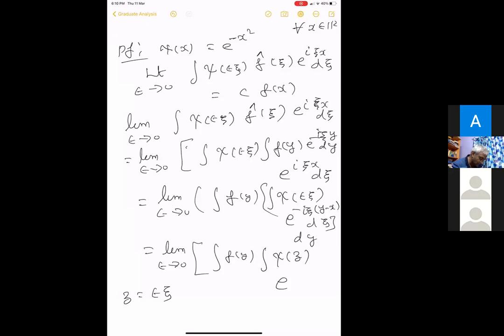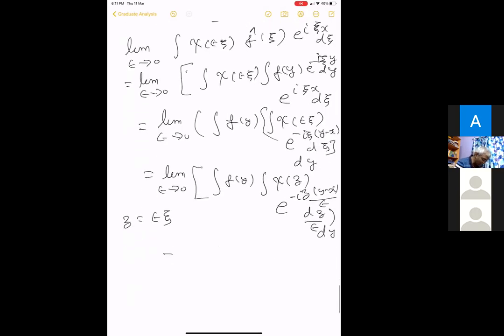So this will become e power i z times x minus y by epsilon. Then there is d xi, but d xi equals dz by epsilon, so epsilon will come down. I think this is fine. Is this okay?